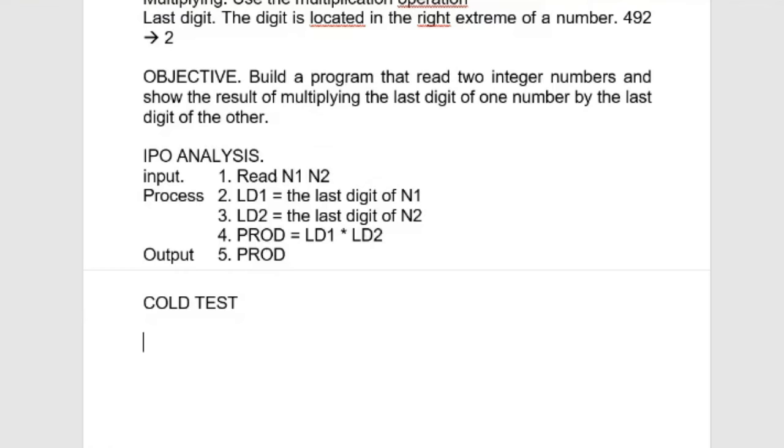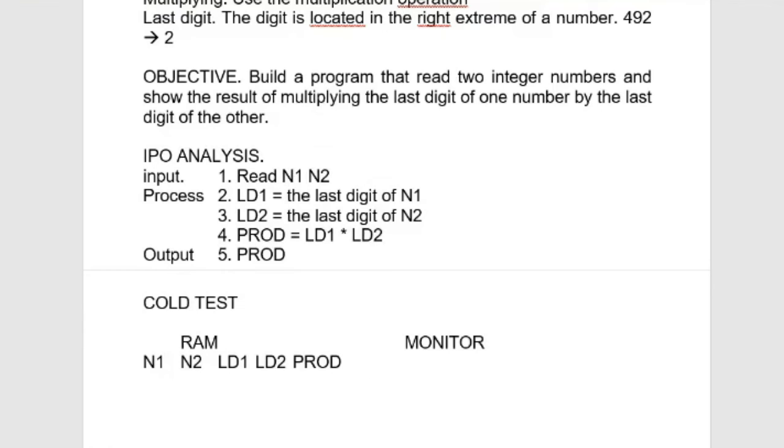Now the call text. Two spaces: one for the memory of the computer and one for the monitor. In the memory, you write all the variables you use in this program. That means N1, in this example, N2, LD1, LD2, and prod.